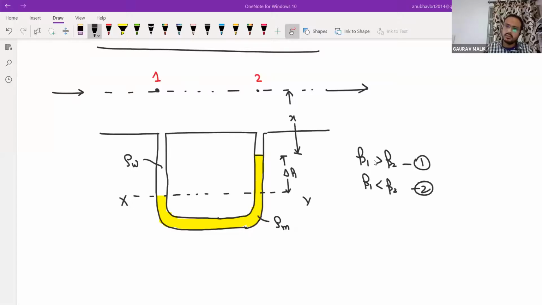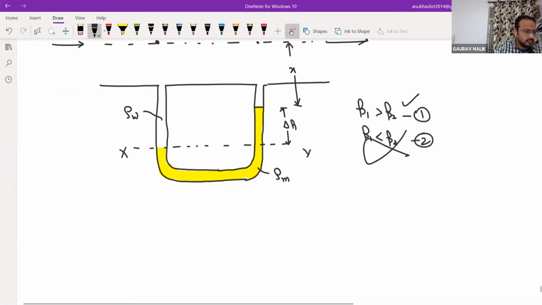Yeah, P1 is greater than P2 because fluid flows from high pressure to low pressure. So this one is correct, and this is absolutely wrong.